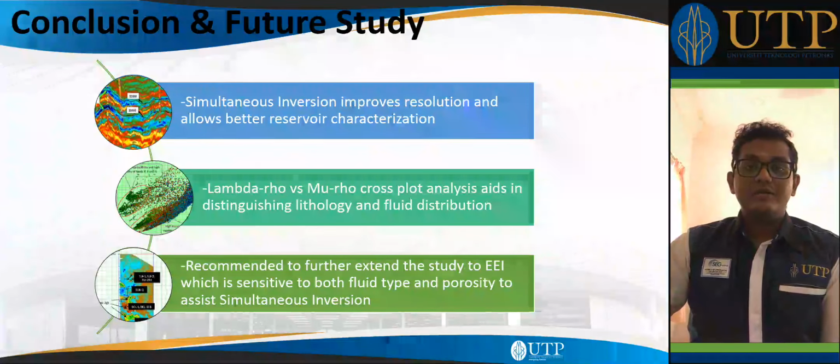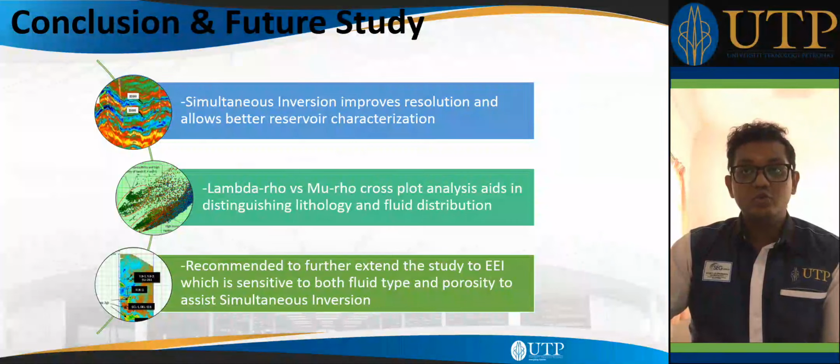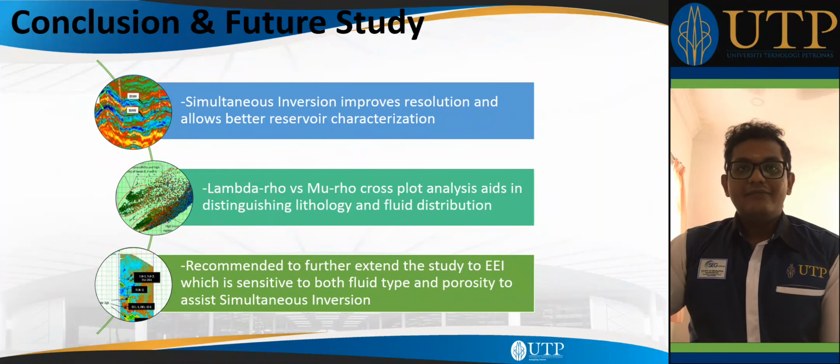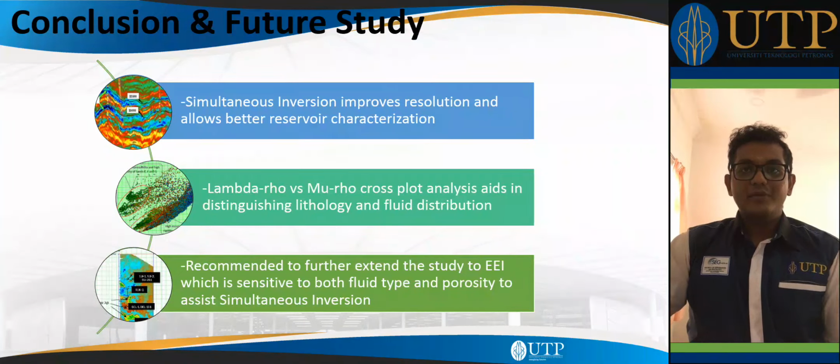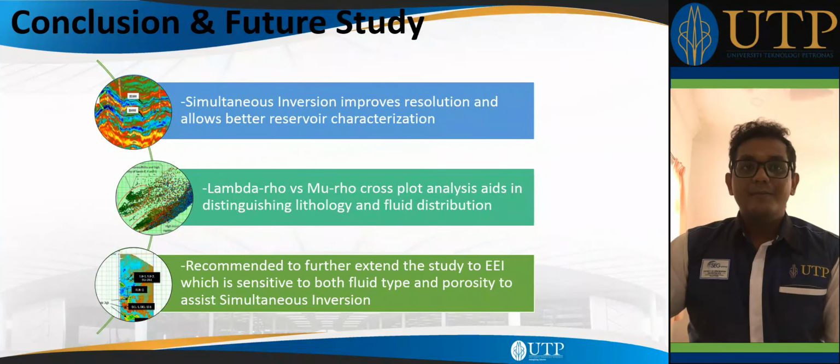Okay, as a conclusion, simultaneous seismic inversion is indeed a powerful tool in predicting the lithology and fluid distribution, which improves the resolution and allows better characterization of the reservoir in comparison to post-stack inversions. Besides that, the feasibility of Lambda-Rho and Mu-Rho analysis on the inversion volumes was proven in predicting hydrocarbons and aids in better reservoir characterization.